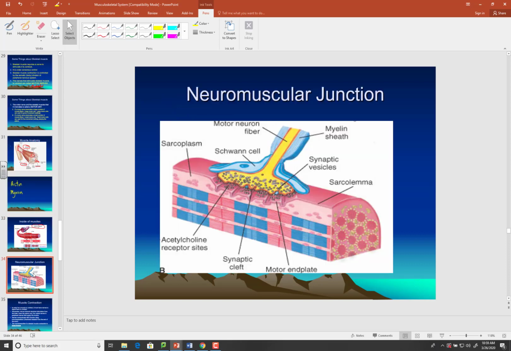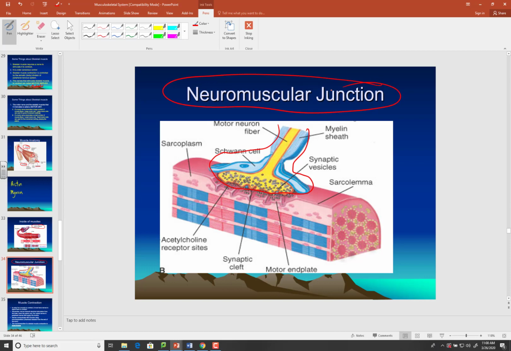Now, here we go. Now remember, in order for a muscle to contract, skeletal muscle, it has to be stimulated by a motor nerve. And the place where a motor nerve, this is a motor nerve, and the muscle cell, or sarcolemma, the muscle cell membrane, meet is called the neuromuscular junction.